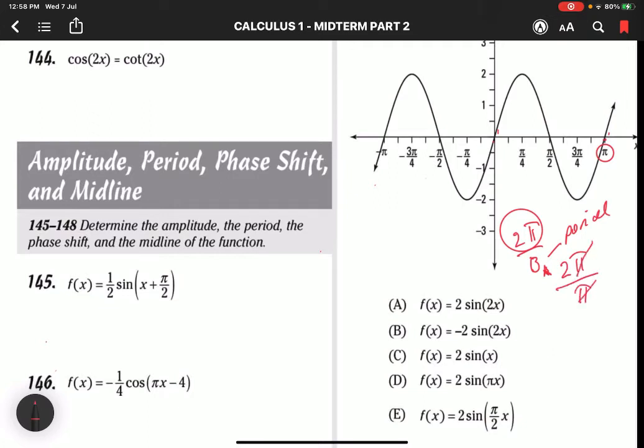So, cancel out. So, may possible answer na ang period natin ay 2. Okay? Equals 2. So, period nito ay 1, period nito ay pi, ang period ay 2 pero na-strike out na natin to kasi negative siya. Okay? So, strike out, strike out, strike out. Ito ay pi over 2 strike out. So, we have the letter A for our answer.